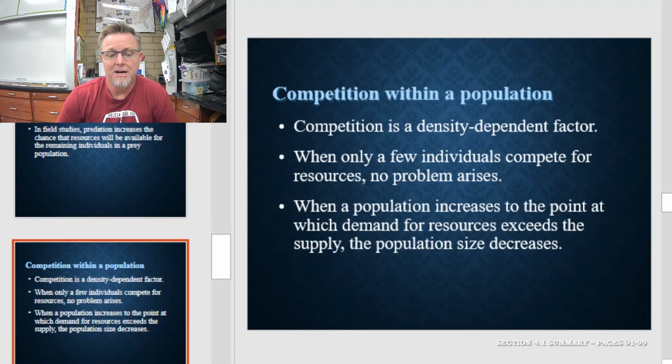You can also have competition within a population. Okay? Remember, competition is a density-dependent factor. And at this point, we're not talking about like a lion eating a gazelle or a lynx eating a hare. We're talking about individuals within the same population just fighting for space, mates, or food.